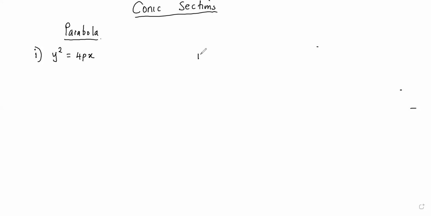And the second one is going to be x squared equal to 4py. So these, whenever you see an equation in that form, it should signal to you that the vertex is at the origin.